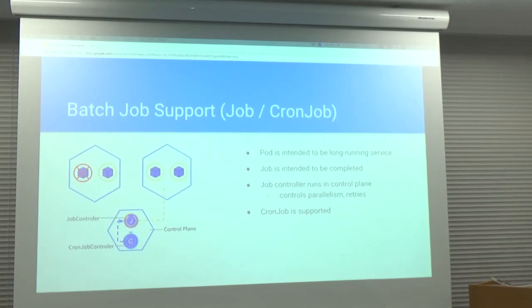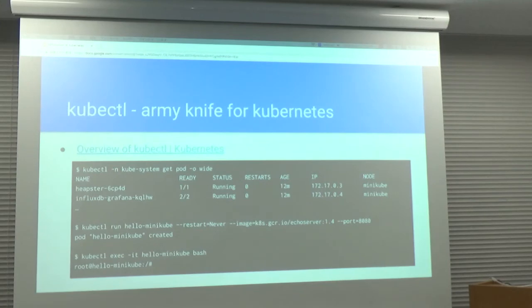So these are important concepts of Kubernetes. So I would like to move to tooling for Kubernetes. I would like to introduce two tools which are handy and you'll use regularly. kubectl is an army knife for Kubernetes. It's the main command line tool for Kubernetes.